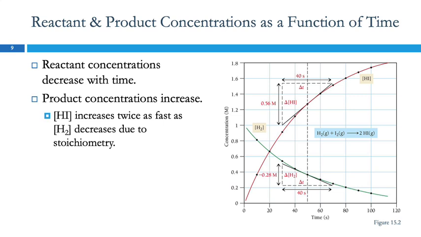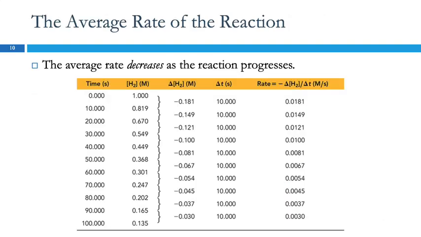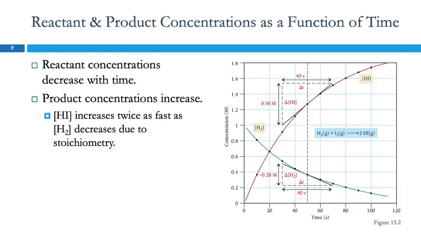So if we do that, I did bring my calculator. So for the hydrogen, the change was -0.28 in H2, divided by the change in time, which was 40 seconds.